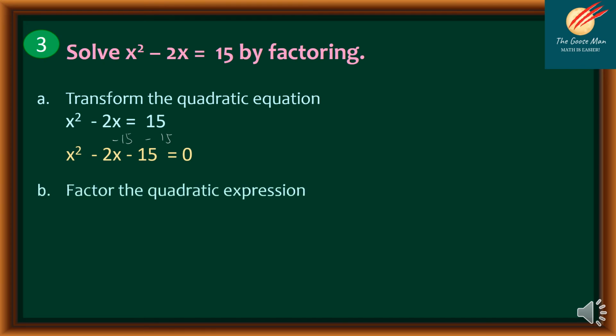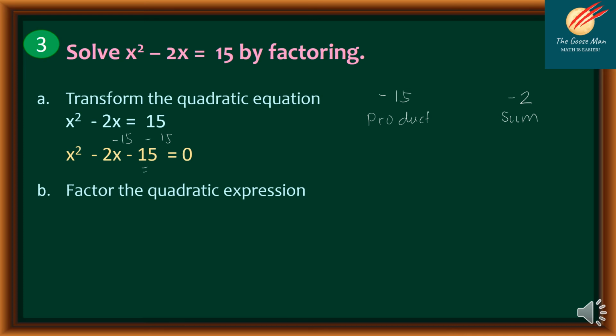The next one is to find the factors of the quadratic expression. Take note that I have a product of negative 15 and I want to have a sum of negative 2. Since the product is negative, one of the factors is negative.